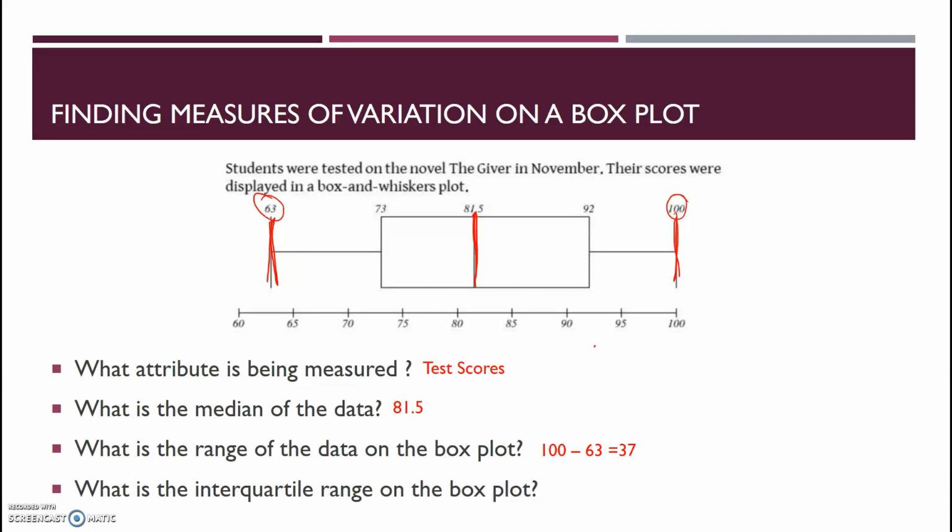Now, the interquartile range, as we said, is the difference between quartile 1 and quartile 3. So if I wanted to find the interquartile range on this box plot, I would take 92 and subtract 73, and I would get 19.